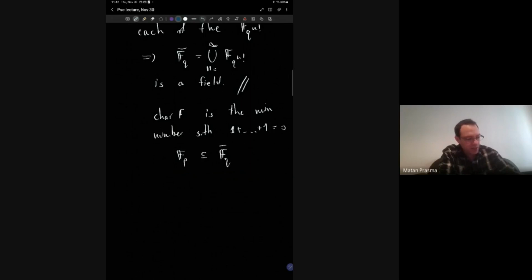This is the algebraic closure. It's a field, and now I claim that we have a perfect setup in the algebraic closure in the sense of the following theorem.